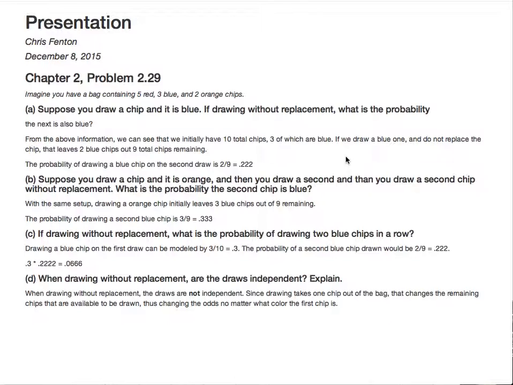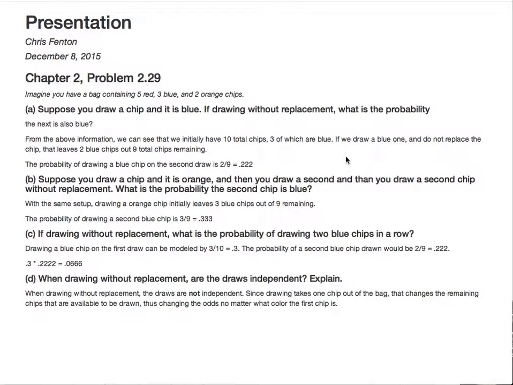Suppose you draw a chip and it is orange, and then you draw a second chip without replacement. What is the probability that the second chip is blue? Okay, so very similar situation. We take a chip, it happens to be orange, we don't put it back in.